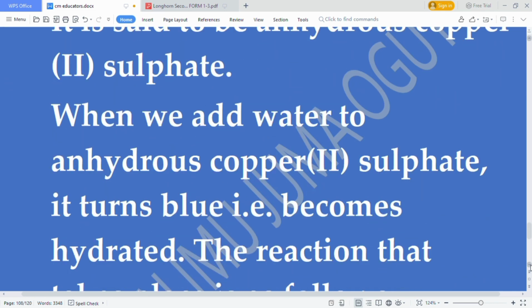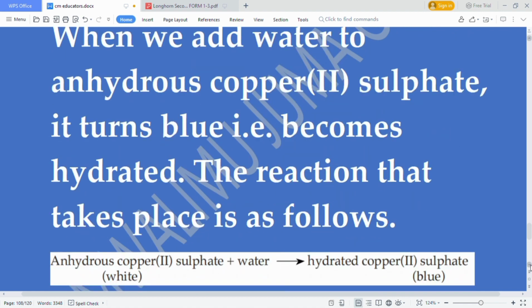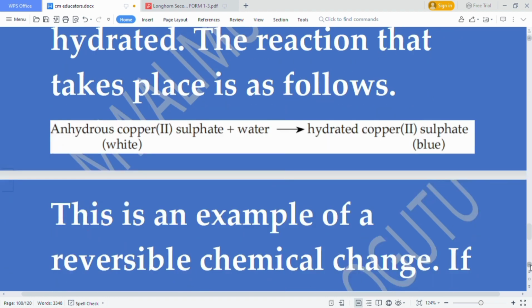The reaction that takes place is as follows. Anhydrous copper 2 sulfate that is white in color, on addition of water, becomes hydrated copper 2 sulfate and blue in color. So this is an example of a reversible chemical change.